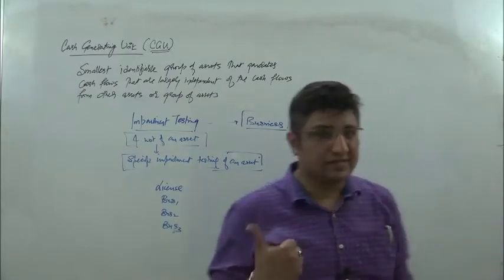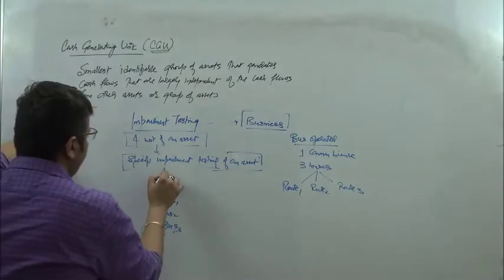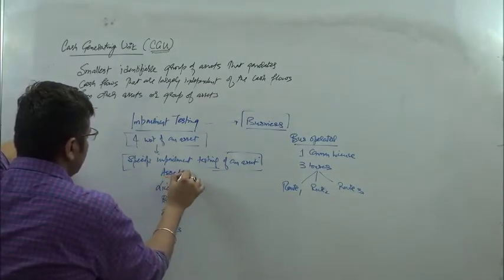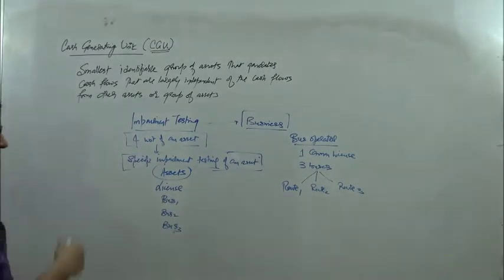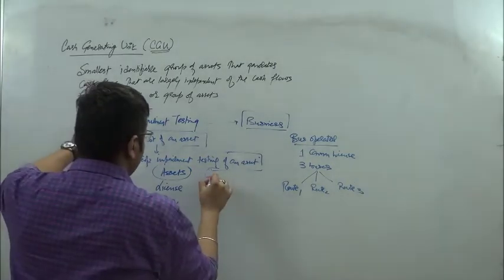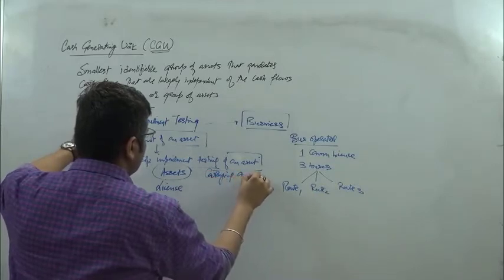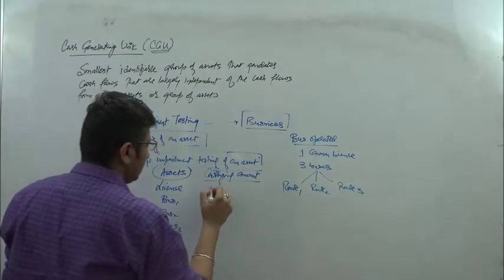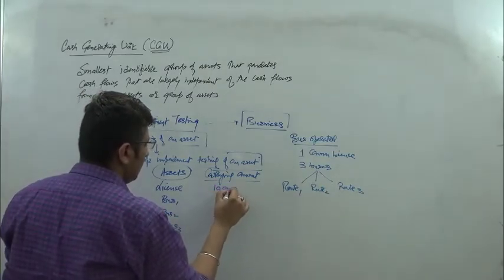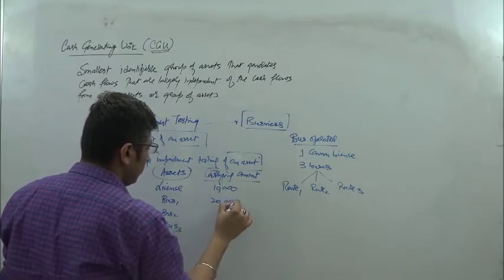Okay, so here we are saying that there is a group of assets, right, which is the license, bus 1, bus 2 and bus 3. Let's say, for the sake of argument, the carrying amount of these assets individually is 10,000, 20,000.